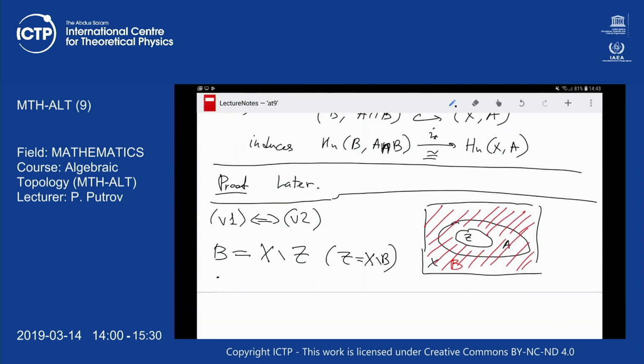And then it's easy to see that if you take the intersection of A and B, this will be the same as A minus Z. So it's easy to see from the schematic picture, the intersection will be exactly A minus Z.